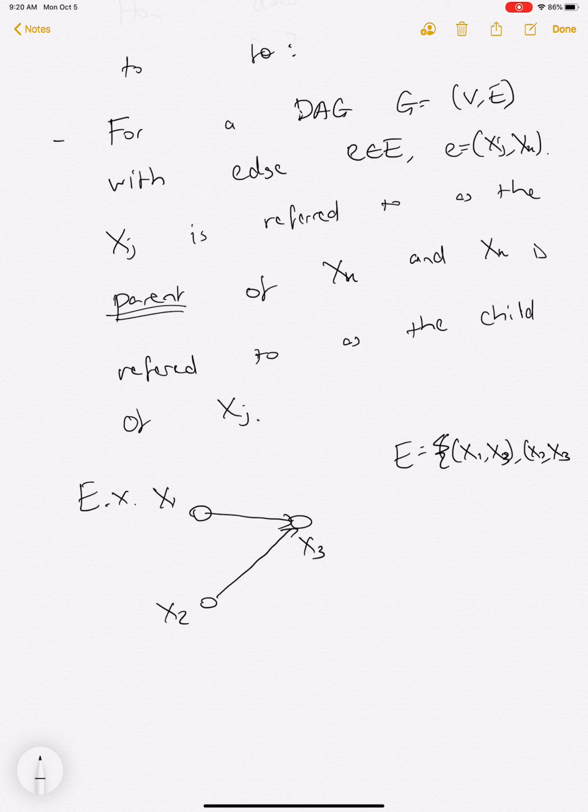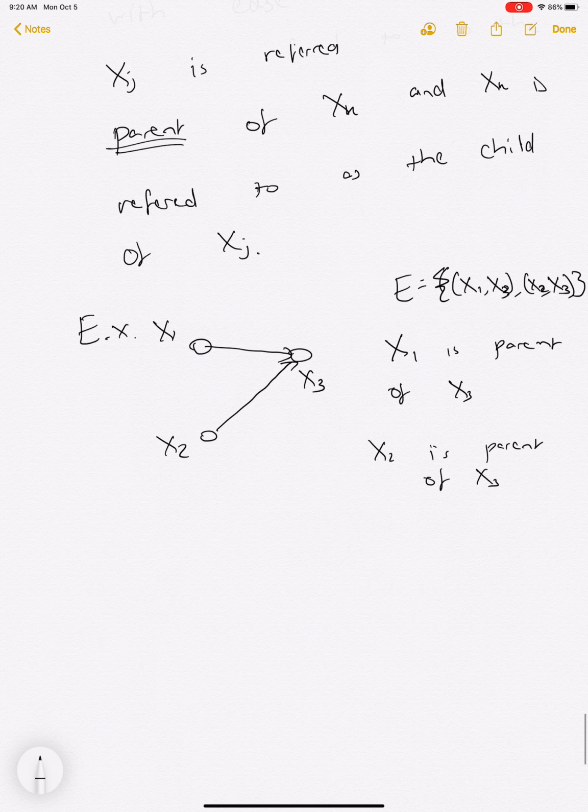This again goes back to the coin plus bell example. x1 is parent of x3. x2 is parent of x3 as well, so you can certainly have multiple parents in this scenario, and you could have more than two parents. And x3 is the child of both x1 and x2.